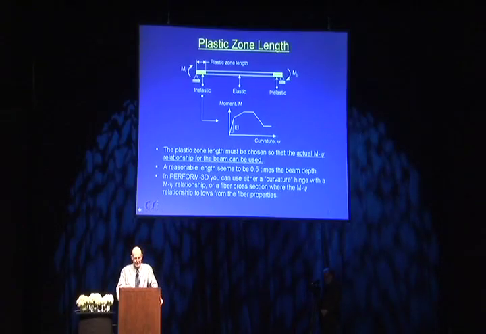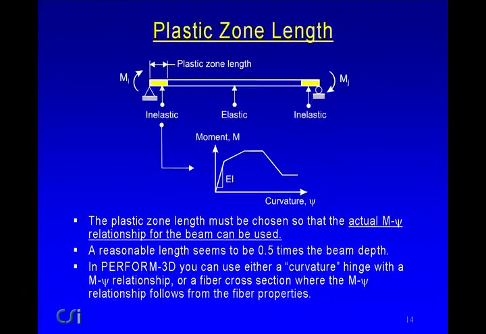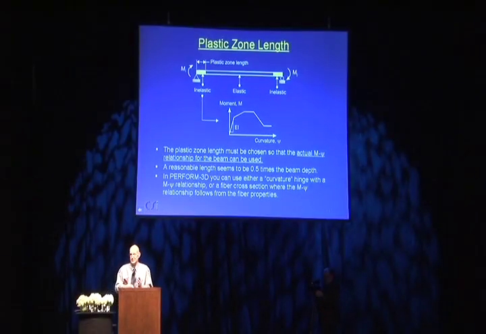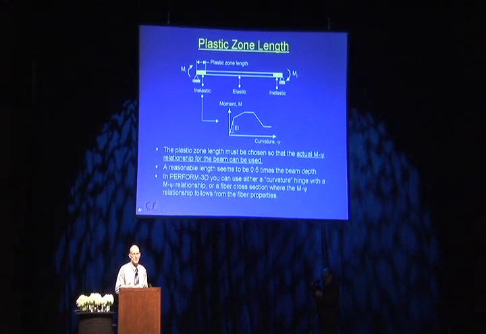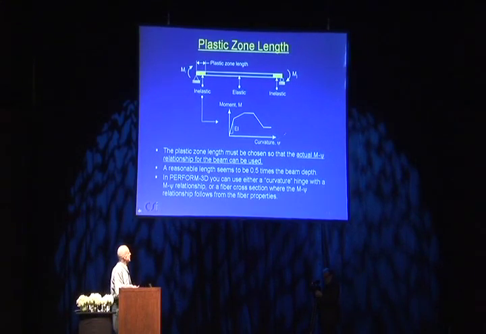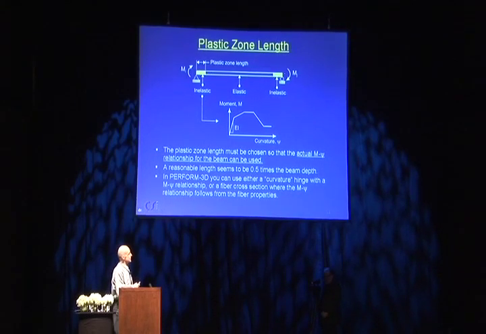The big issue is the plastic zone length, and there's a really important point here: you have a moment curvature relationship for the beam, or possibly you've used a fiber cross-section, which means that you're calculating a moment curvature relationship during the analysis. But there is a moment curvature relationship for the beam, and this is what you have to use in the plastic zone.